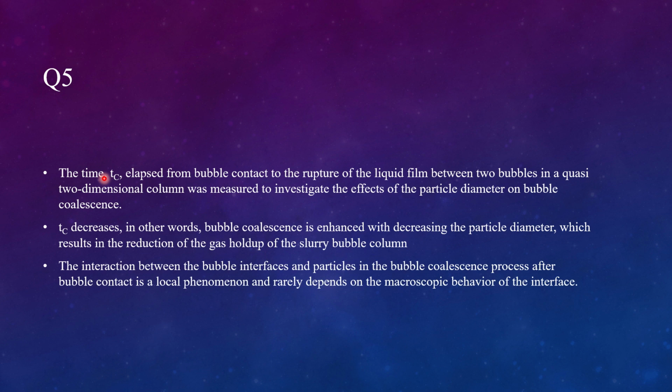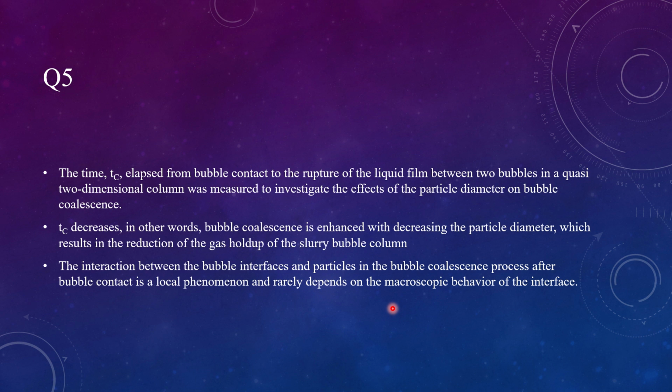That interaction time between bubble interfaces and particles in the bubble coalescence process after bubble contact is a local phenomenon and rarely depends on the macroscopic behavior of the interface. So what does it mean is that, let us consider Tc is the contact time, that is the time between contact of the two bubbles to the rupture.